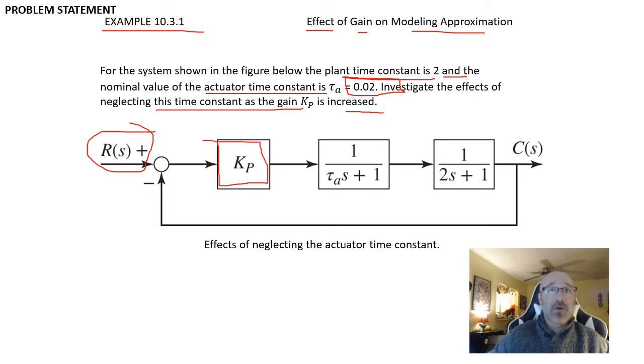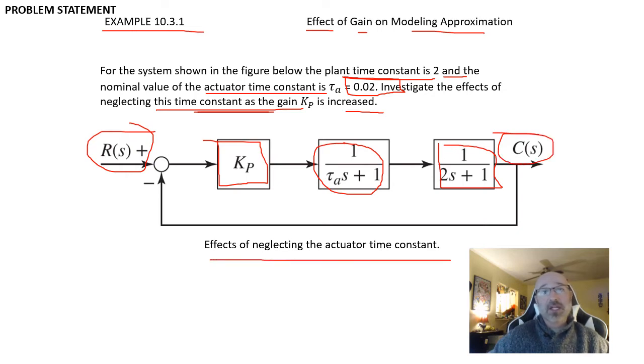Going in, we have this function, 1 over tau a s plus 1, where they're asking what the effects are of neglecting this time constant. This goes into our function of 1 over 2s plus 1 to our c sub s. So again, the effects of neglecting our actuator time constant is what we're looking at within this problem.